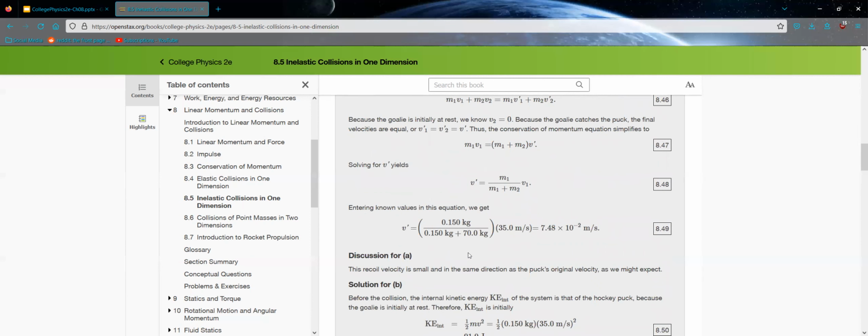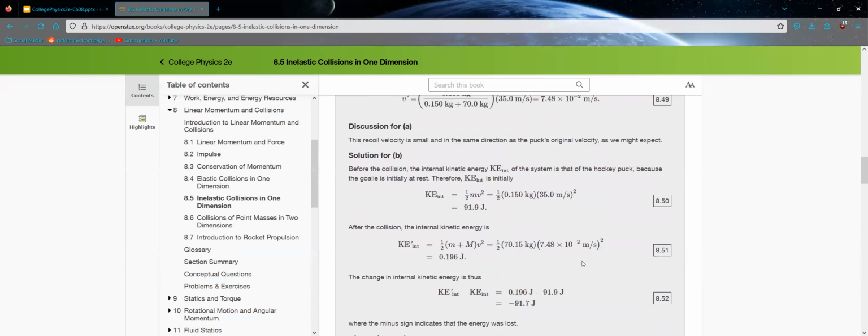So when I plug all this information in, I get a total velocity of the goalie with the puck of 7.48 times 10 to the negative second meters per second. Super duper slow, right? Hockey goalies don't move a lot when they catch pucks, which is a good thing for hockey goalies, right?